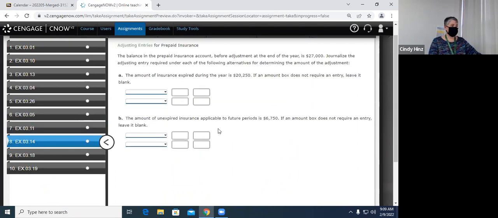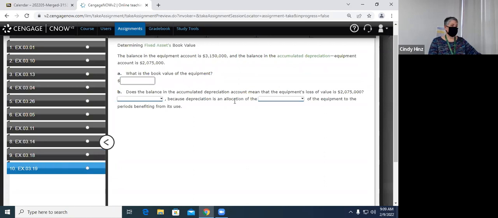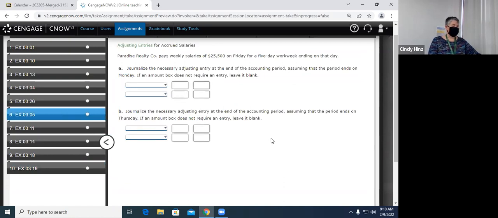Exercise 7 is about supplies. Exercise 8 is about prepaid insurance. Exercise 9 is about depreciation, and exercise 10 is related to that depreciation in exercise 9. None of these is a long exercise. They're all fairly short and straightforward.